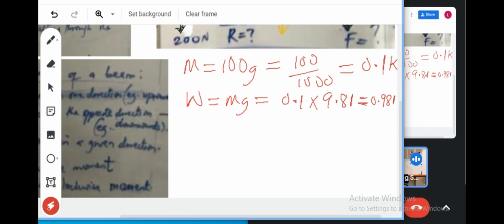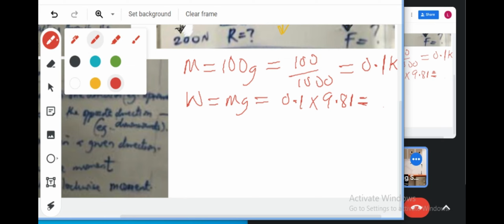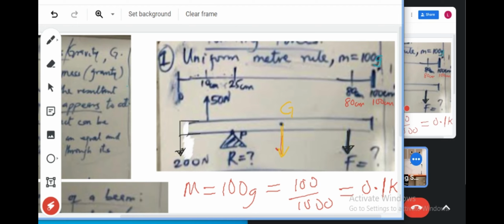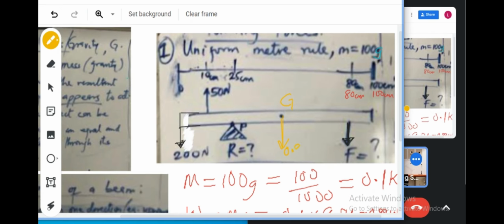What's the value we got? 0.981 Newton. Since the center of gravity is at the geometrical center, the weight of 0.981 Newton will be represented here. Okay, we have all the forces.